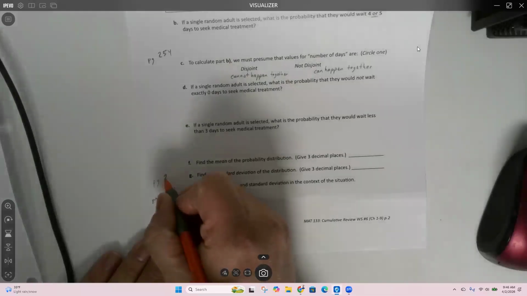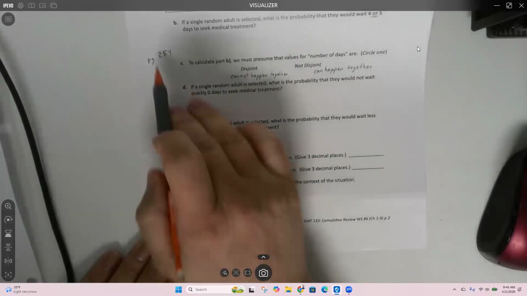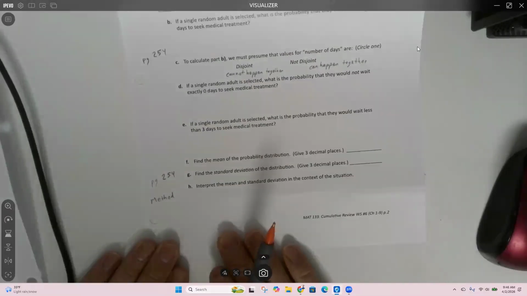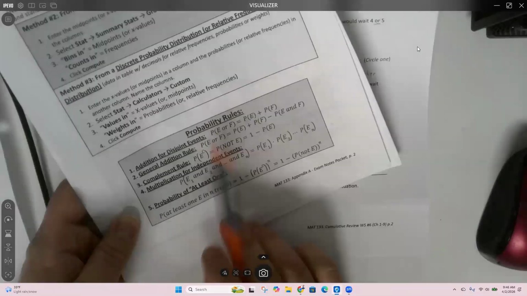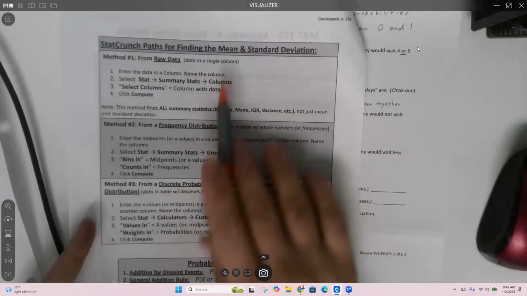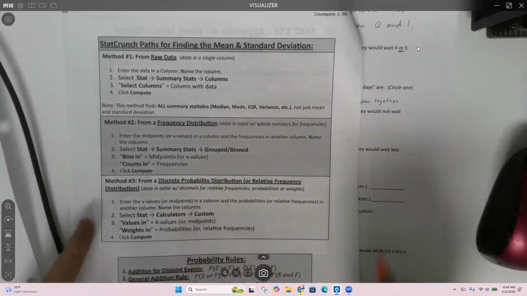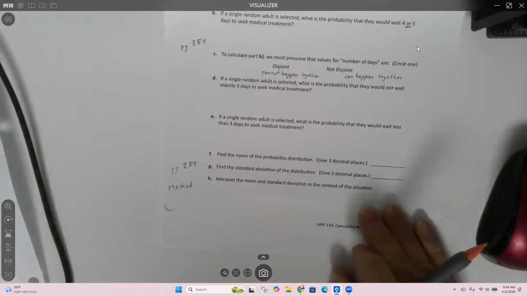Yep, it's the same page, 254. Probability rules are down here. The three methods are right above it. Okay. What method are we using here?